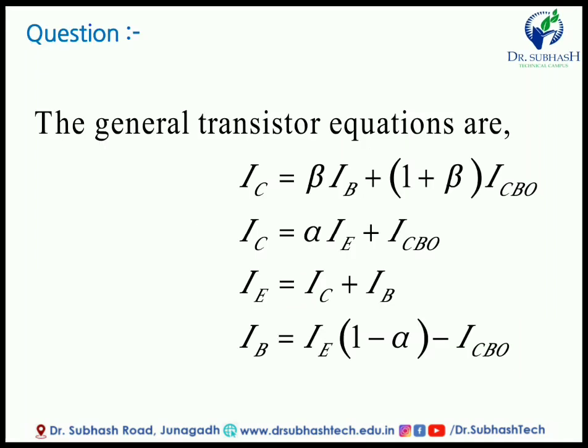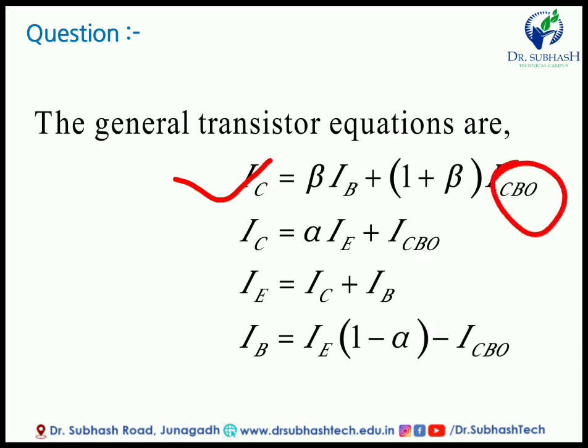Now in the general transistor equation, we already know IC is equal to beta IB plus (1 plus beta) ICBO. This equation is from the general equation of a transistor. Whenever we want to find the collector current, it depends on the beta value: beta IB plus (1 plus beta) ICBO.